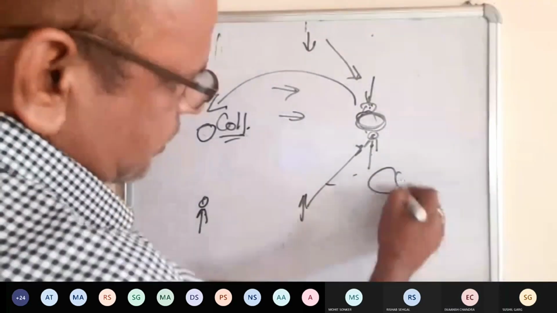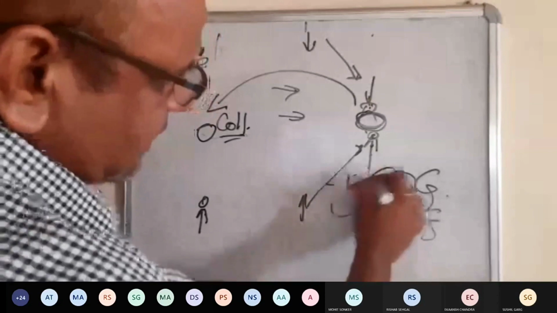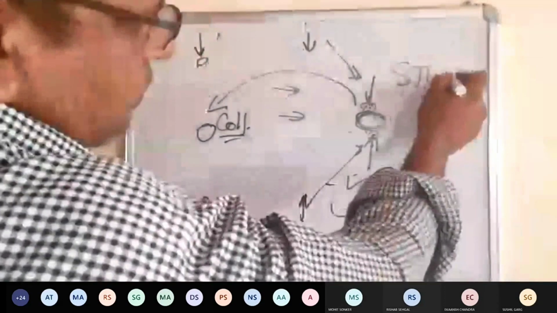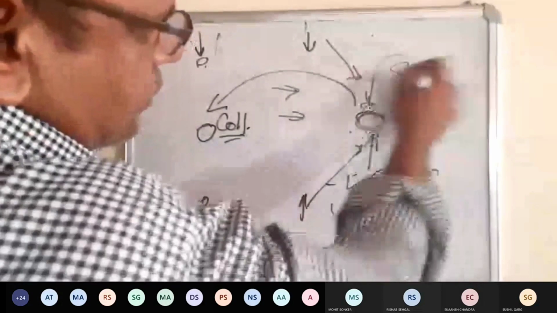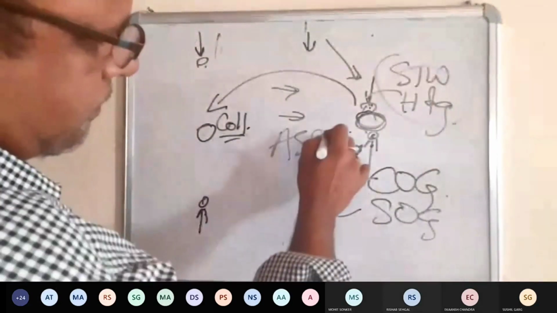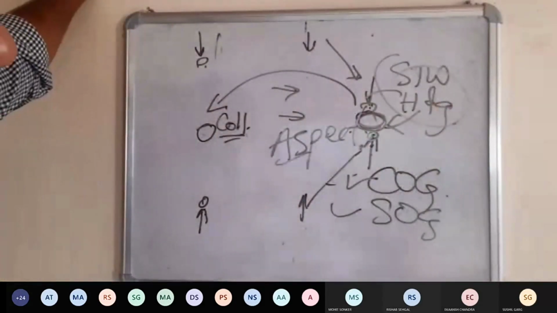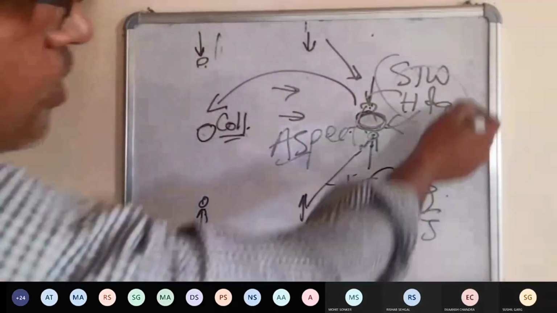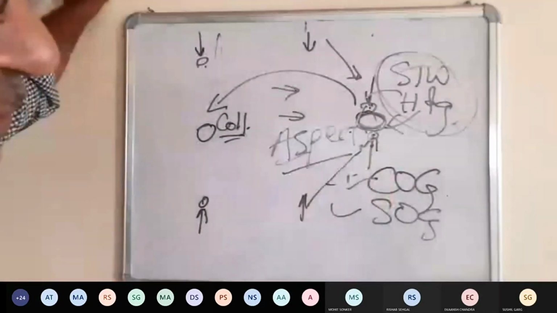SOG different, COG different. These have become different. This is different, but STW same, heading same, and so aspect also same. So the current did not do anything to your heading and STW, or rather aspect.